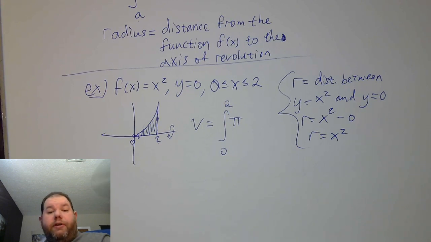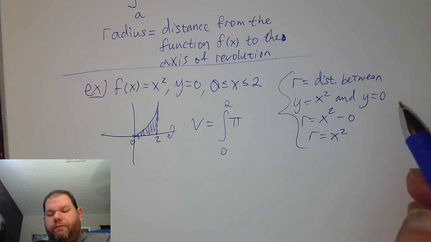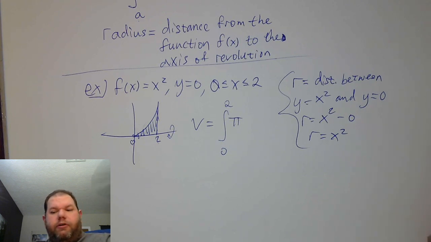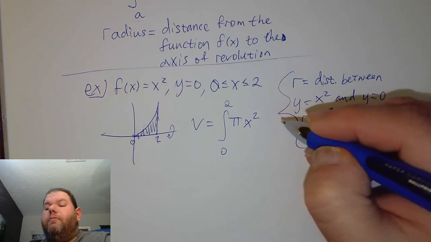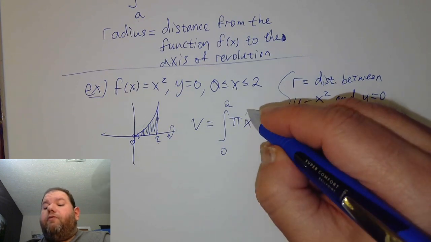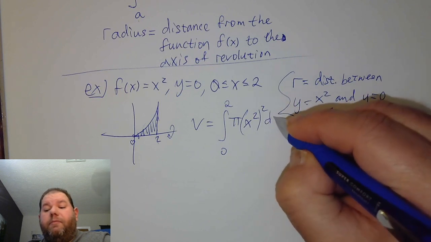Probably the easiest way to calculate r, though, is to subtract the two pieces, the function and where the axis is located. So the x-axis is also the same as the linear equation y equals 0, so we can utilize that. Now, that's our radius. Now, our radius has to be squared. We don't want to forget that, especially in this problem.